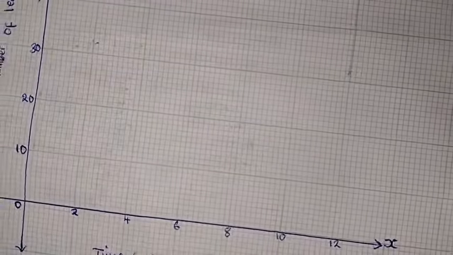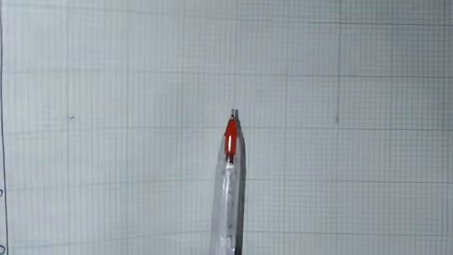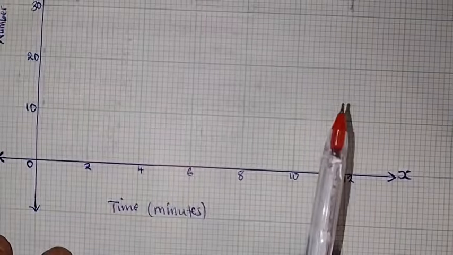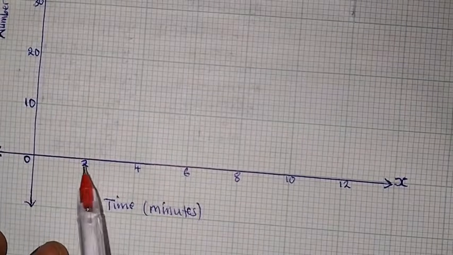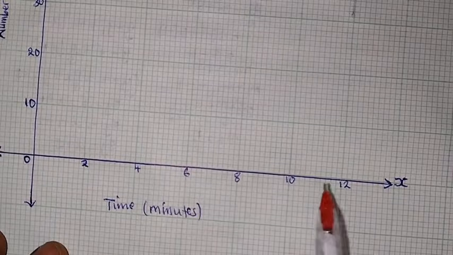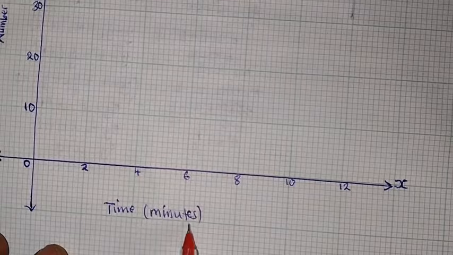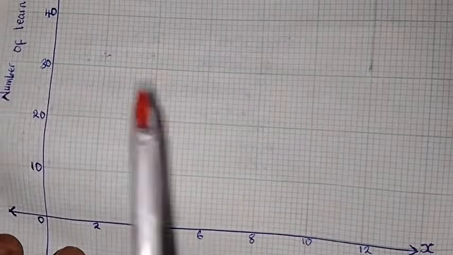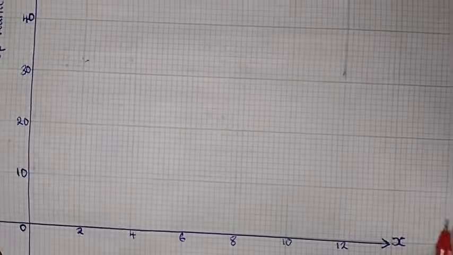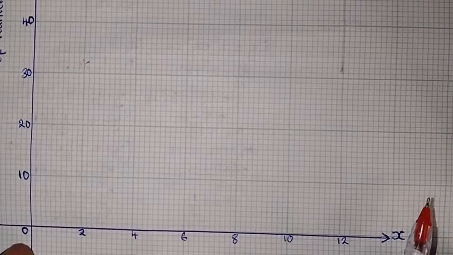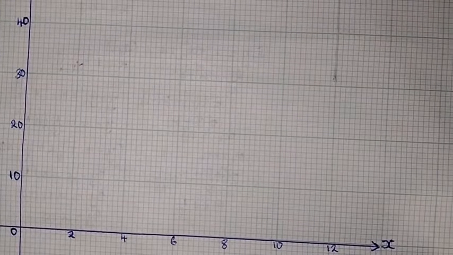Then here we have a 0, which is the starting point, the origin. So there is 0 here, 2, 4, 6, 8, 10, 12. This is the x-axis, so here it's time in minutes. Then on the y-axis, it's the number of learners.